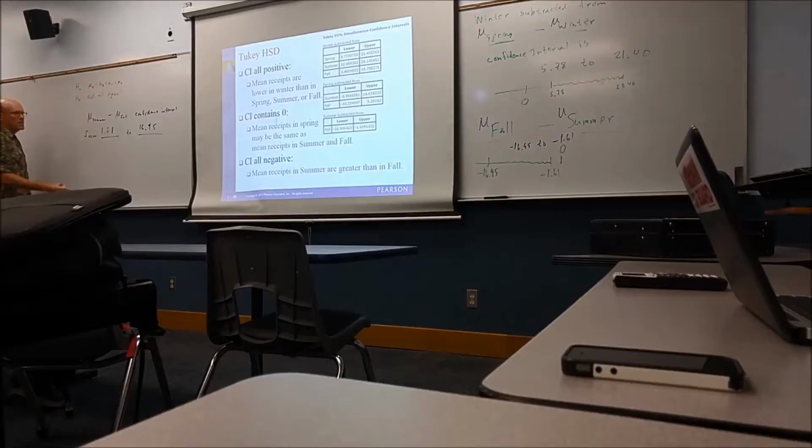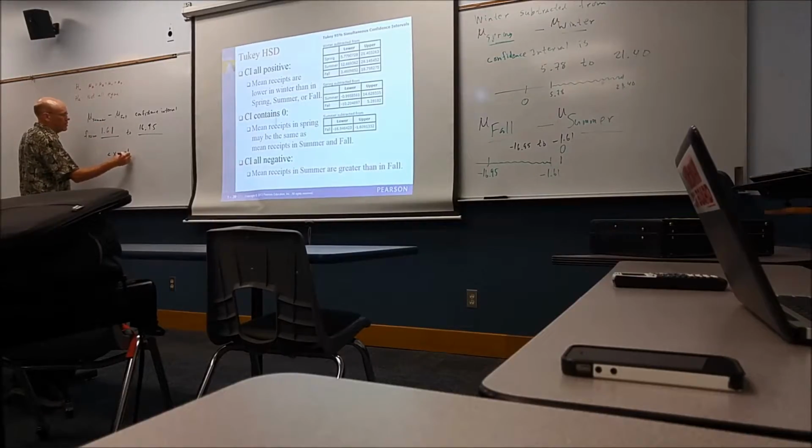It's kind of like this. If you have, think of x as being your value in the confidence interval, okay? And let's say originally we had negative 1.61 here, and we had a negative 16.95.